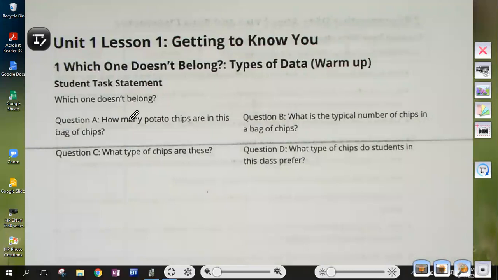Okay, I'm going to put a timer on. Then we'll talk about it when the timer goes off. Ready, go.